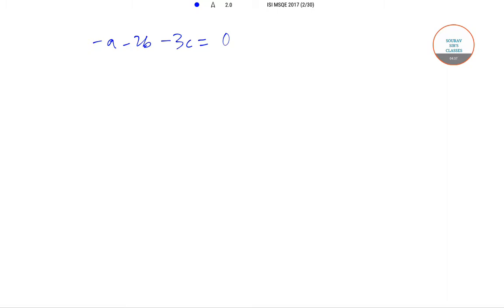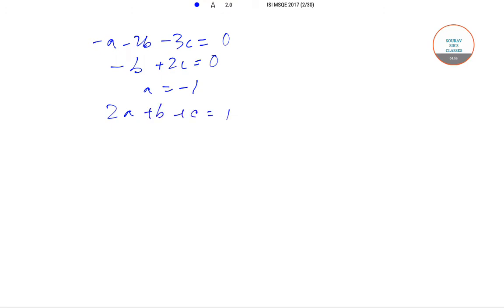The second equation is -B + 2C is equal to 0. The third equation is A is equal to -1, and the fourth equation is 2A + B + C is equal to 1.